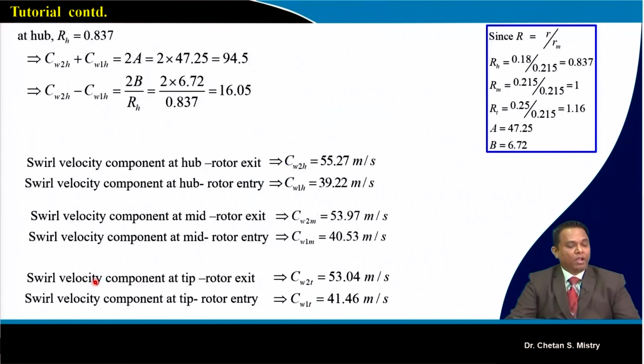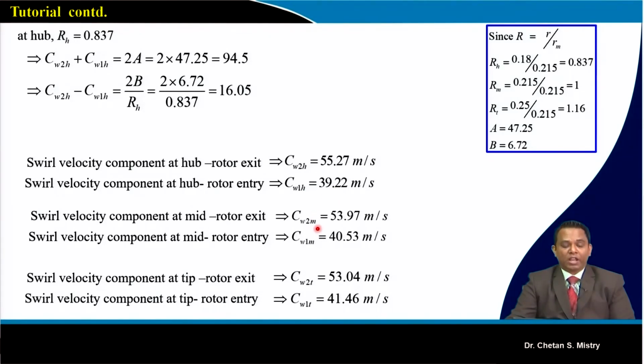Okay. Now once we have calculated these constants, we can calculate my CW1 at the entry and at the exit at 3 different stations: hub, mean and tip. This is a formulation we have already discussed earlier. At the hub, at the exit we get 55.27 meter per second, and at the entry our work component is 39.22 meter per second.